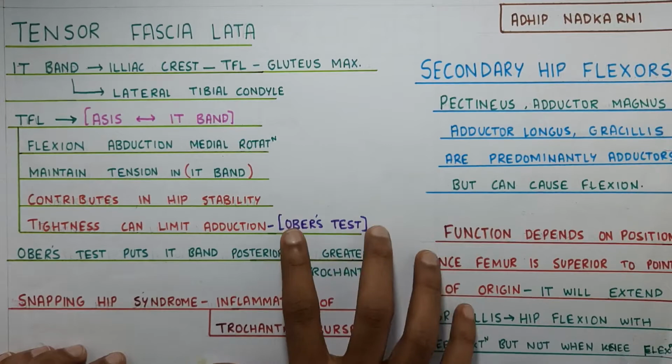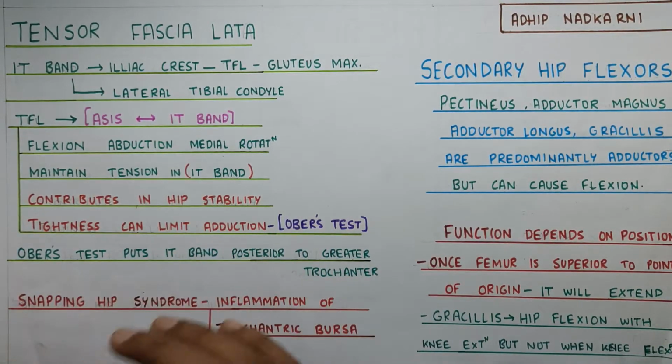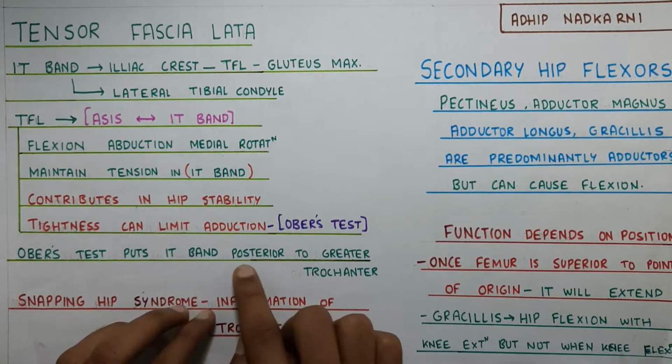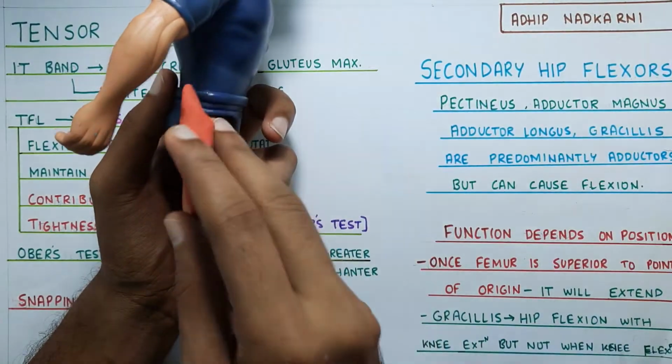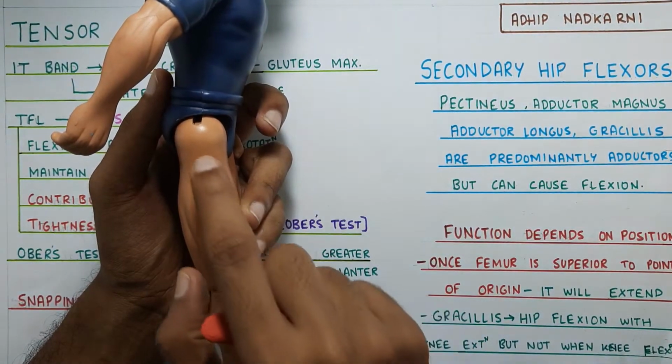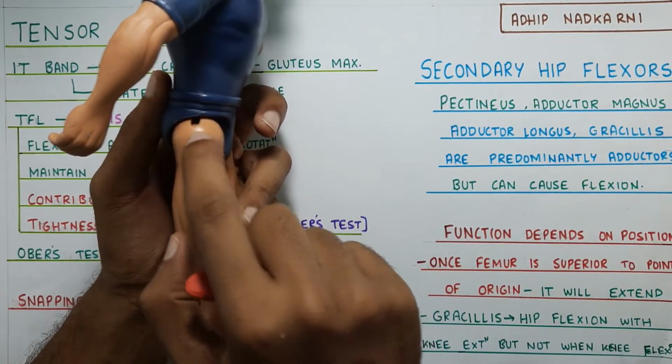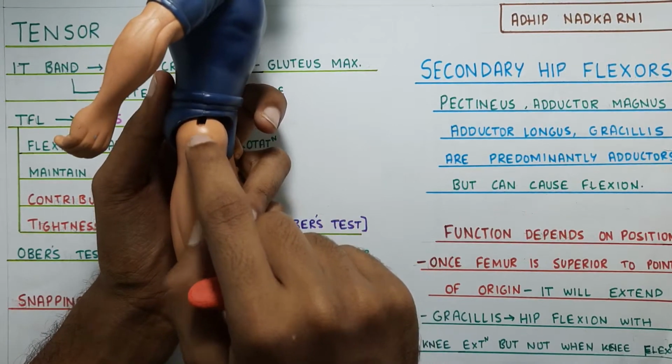So what do you do in Ober's test? You position your hip in such a way that it will put the IT band posterior to your greater trochanter. So the IT band will be somewhere over here, right, like this, and your greater trochanter is the most prominent part that you can feel on the lateral aspect of your hip.